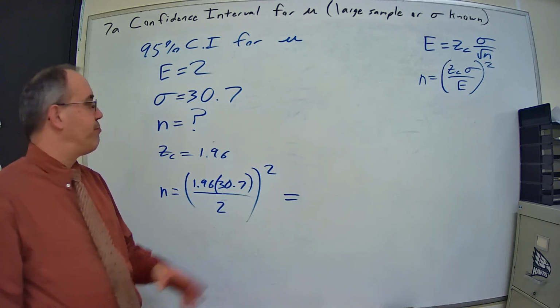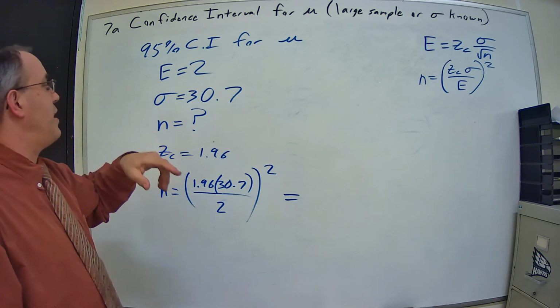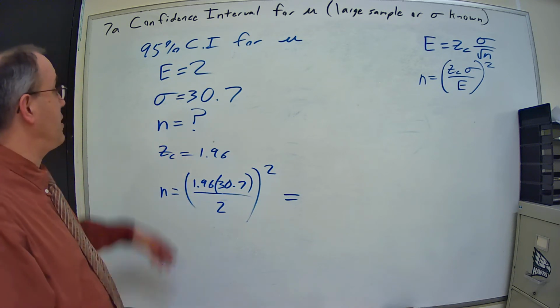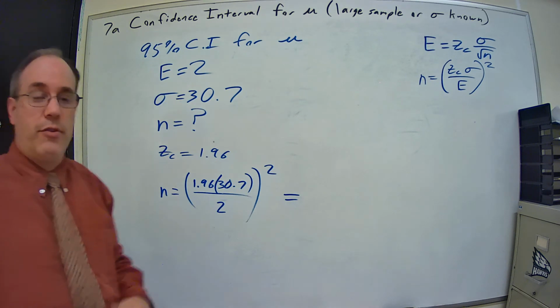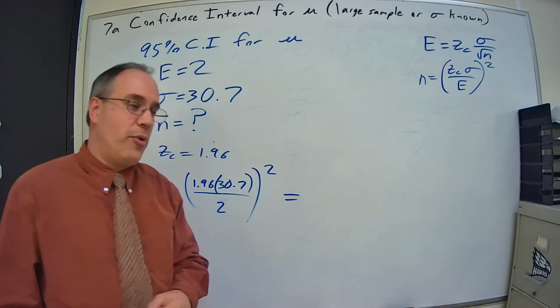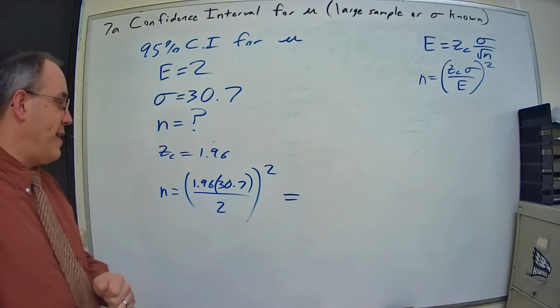Okay, I just put a number there that was not going to work well. So we know that the population standard deviation is 30.7. So if you've been writing these down and doing the calculation along the way, realize that sigma just changed to 30.7. Why? Because I have the power to change that number. You would not in the real world, but if you were to run this with the 0.7, you'd see why I did.